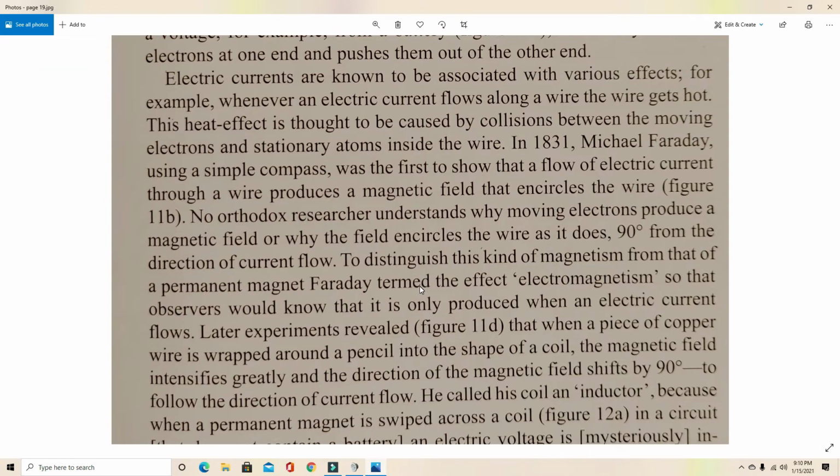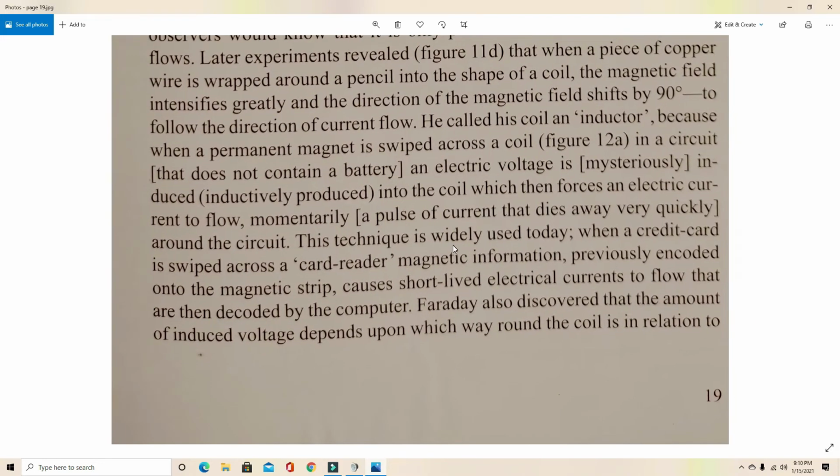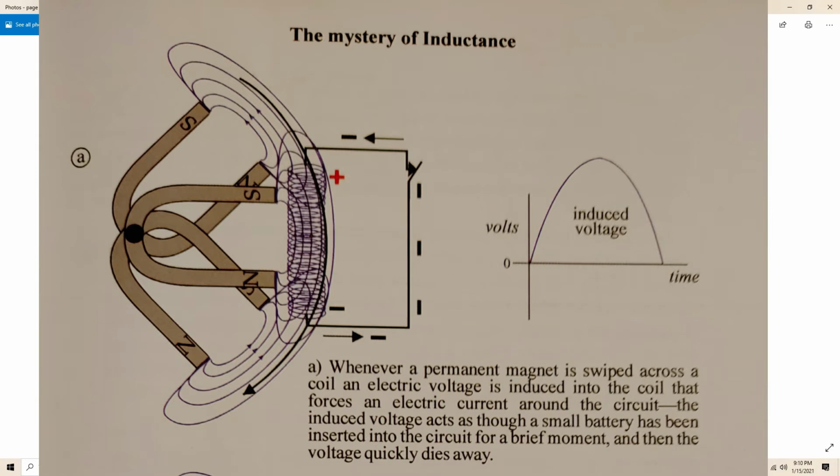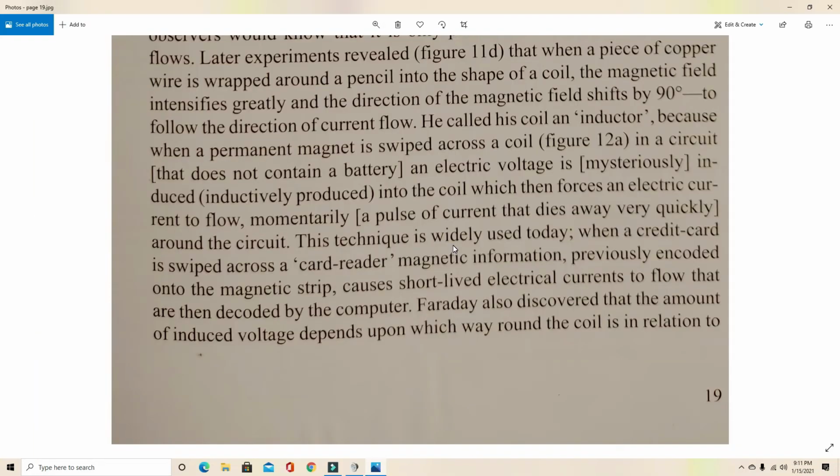He called his coil an inductor because when a permanent magnet is swiped across the coil, figure 12a, in a circuit that does not contain a battery, the electric voltage is mysteriously inductively produced in the coil, which then forces an electric current to flow momentarily, a pulse of current that dies away very quickly around the circuit.